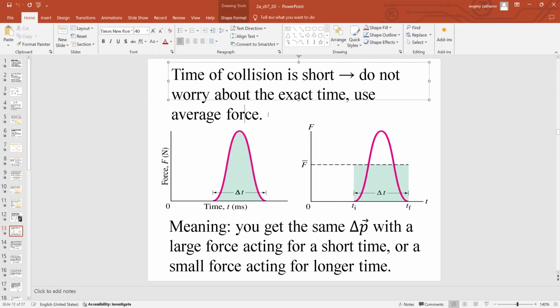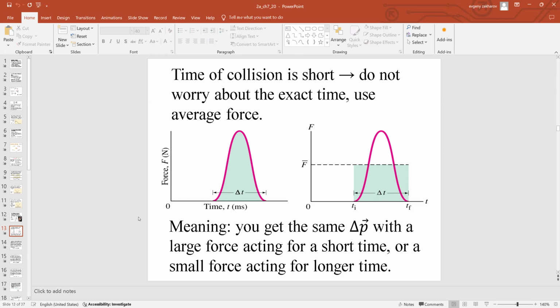For this class, we're not going to do any calculations of the area below the force versus time curve. What we will do most of the time, we'll just be dealing with average forces. And average would be the minimum plus the maximum divided by 2. So to keep things simple, whatever is the maximum force that is given for your average force for calculating the change in momentum, you can just go with the average.